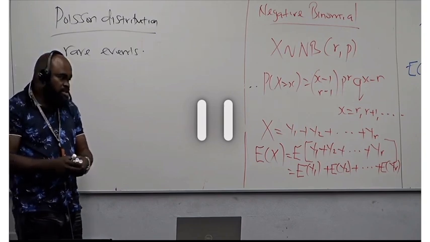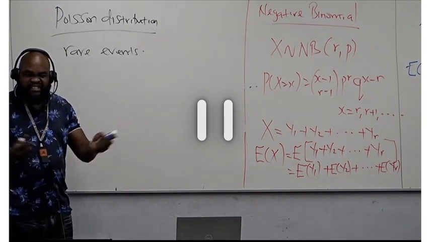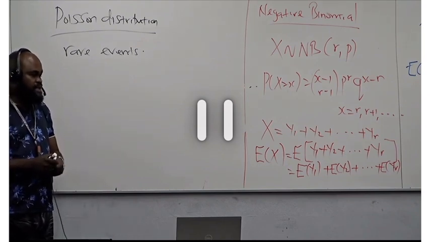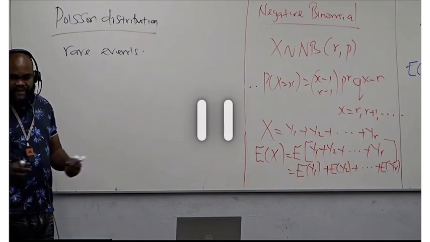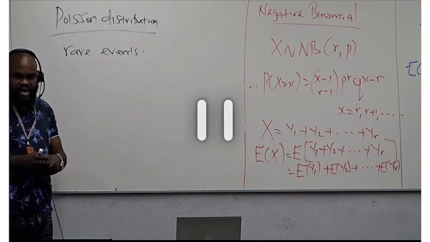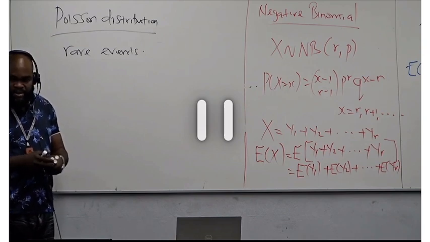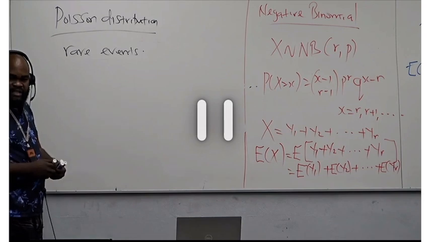What is the probability of an earthquake? Or of a snake bite? Those are rare events. So if we want to model the occurrence of rare events, then we talk about the Poisson distribution. Now, how do we write this mathematically?